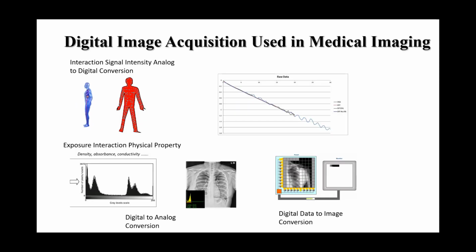Let's take a look at creating a digital imaging. First, we have an analog signal or energy that must interact with the tissue that we are trying to analyze. The quantity and the intensity of the signal is defined by the technical factors in creating the signal. The tissue absorbs the energy from the signal. It then emits a signal that demonstrates the interaction of this process.